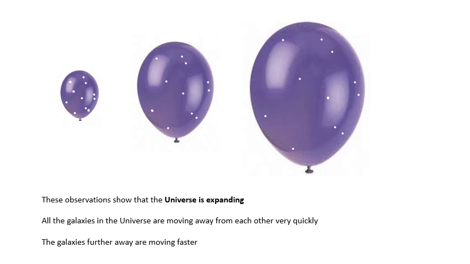The universe is getting bigger. All the galaxies in the universe are moving away from each other. They're not just moving away from us. We're not particularly special. They're all moving away from each other. And the further away they are from each other, the faster they move away from each other. So the universe is like a balloon expanding, getting bigger and bigger and bigger. And the spaces between the galaxies is getting bigger and bigger.